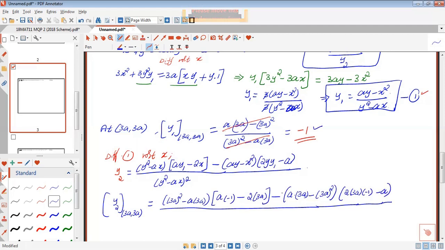And the denominator we have is (y square minus a x) whole square, at 3a.